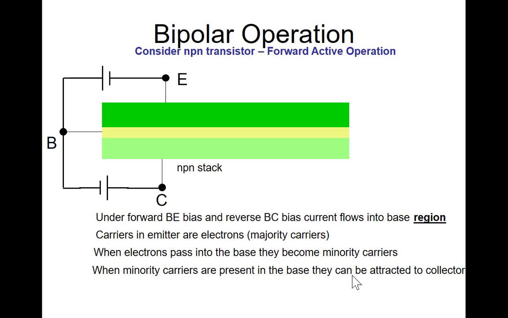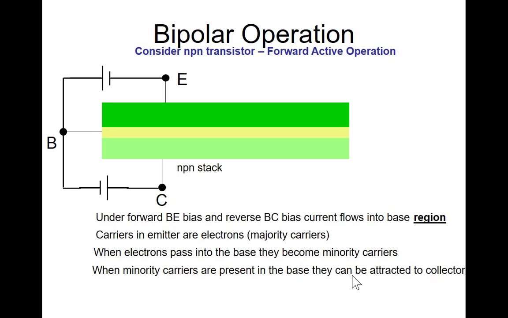And now let's add another biasing source. I'm going to put a positive voltage from the collector to the base. So what am I doing to the base collector junction? Am I forward biasing or reverse biasing it? I forward bias the base emitter junction. What about the base collector junction?